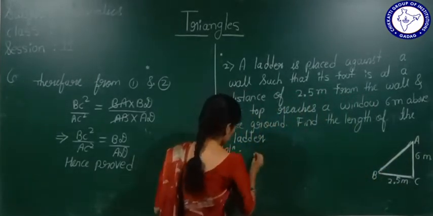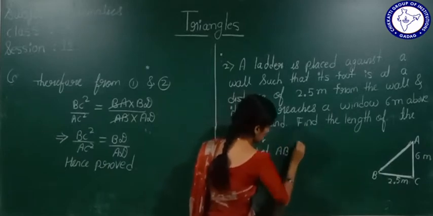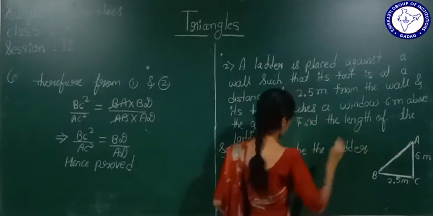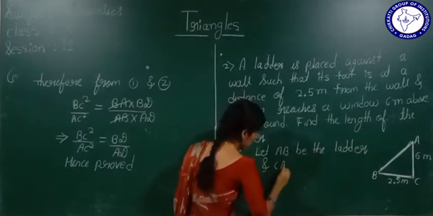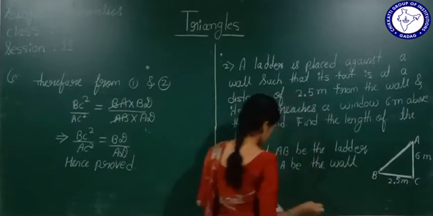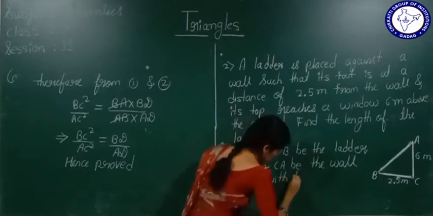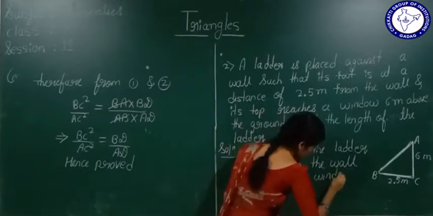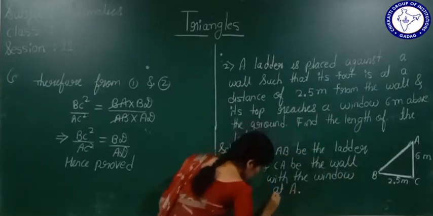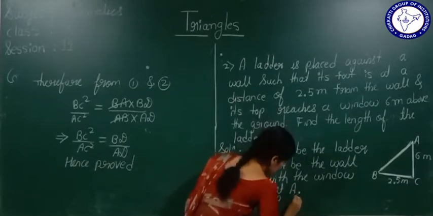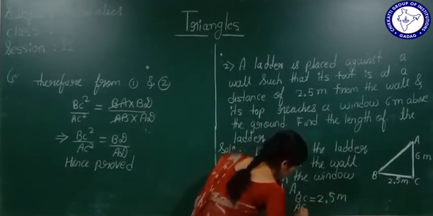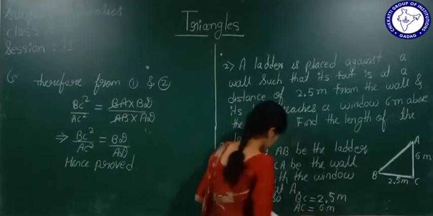So we will denote here, let AB be the ladder and CA be the wall, the wall with the window at A. So BC is equal to 2.5 meter, AC is equal to 6 meter.